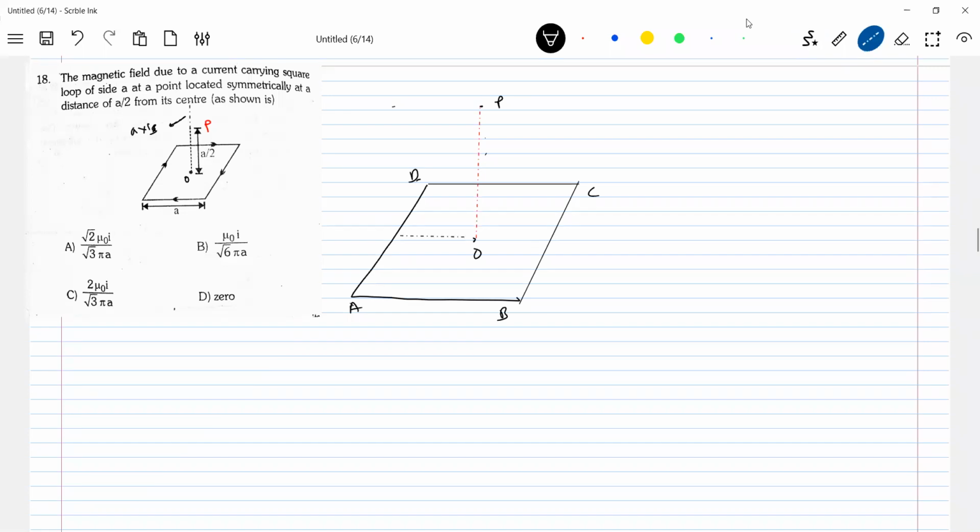These are the distances which are needed for us, and later on we'll draw a plane diagram. Now let me take only AB.